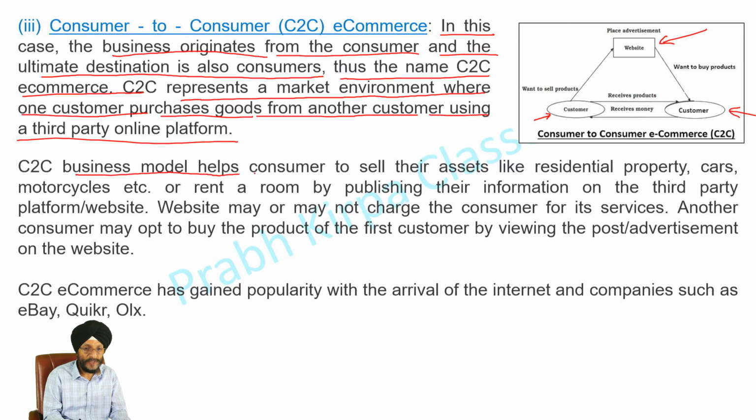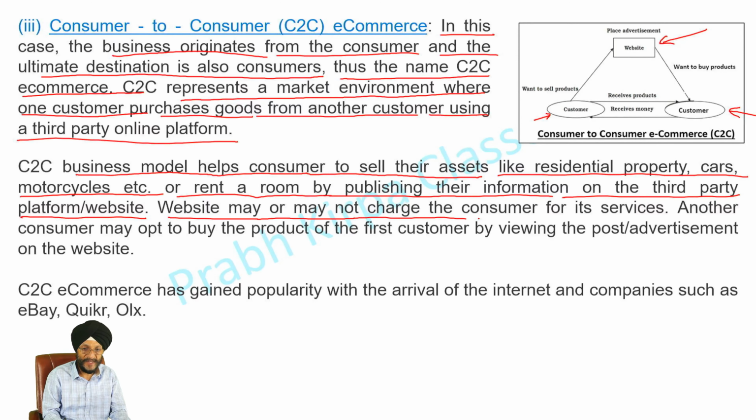C2C business model helps consumers to sell their assets like residential property, cars, motorcycles, etc., or rent a room by publishing their information on the third party platform or website. Website may or may not charge the consumer for its services.